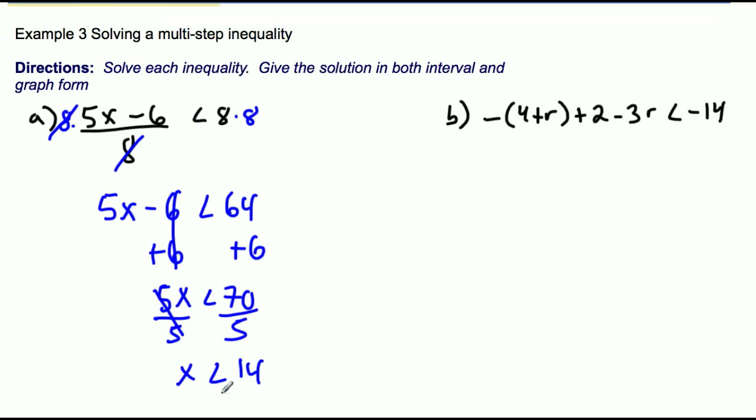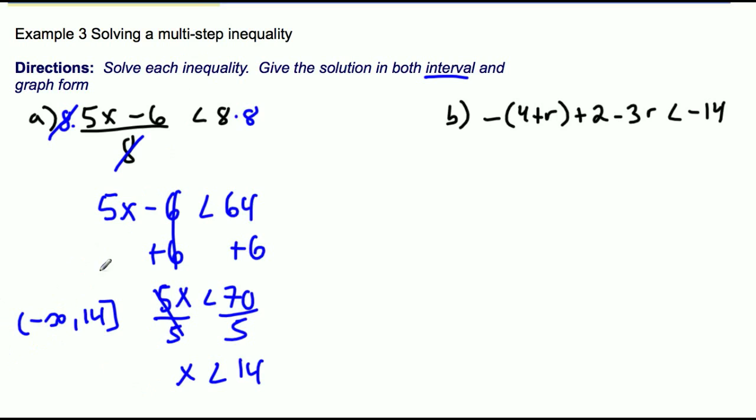Okay, so the interval notation for this, because we want to write this in interval notation, is going to be a parenthesis, negative infinity to 14, and that should be a bracket right there. Let's do that over again. So negative infinity to 14, just like that.